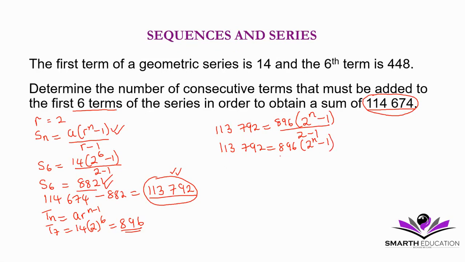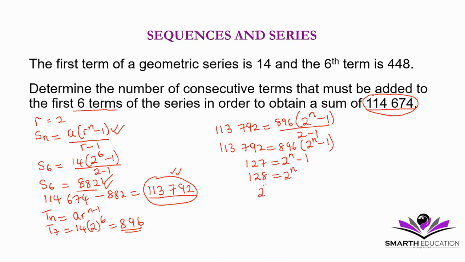Then divide by 896 on both sides of the equation. We remain with 127 is equal to 2 to the power n minus 1. Add 1 on both sides of the equation. 128 is equal to 2 to the power n. Then 128 is 2 to the power 7.